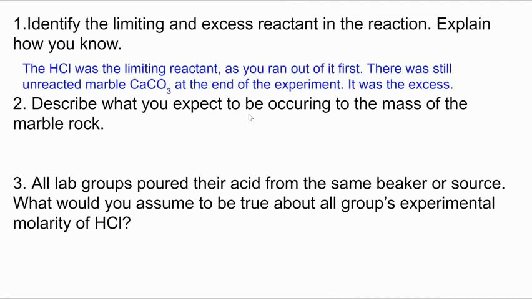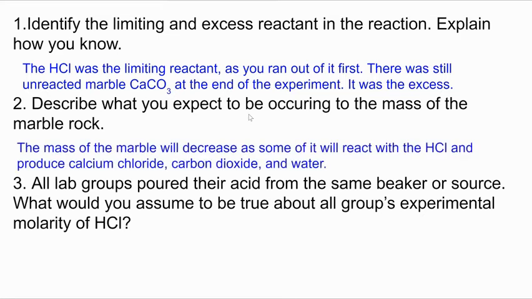So you should have identified that the hydrochloric acid was the limiting reactant. It was fully consumed. There was still unreacted marble, calcium carbonate, at the end of the experiment. It was in excess. As we saw, the mass of the marble rock decreased because some of it reacted with the hydrochloric acid and produced calcium chloride, aqueous in solution, carbon dioxide gas, and liquid water.